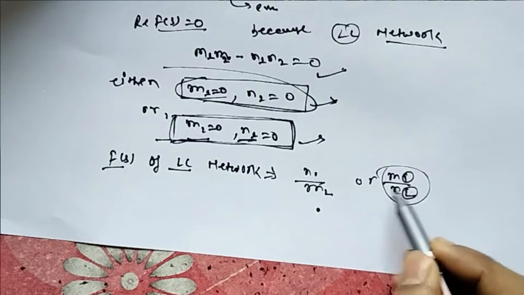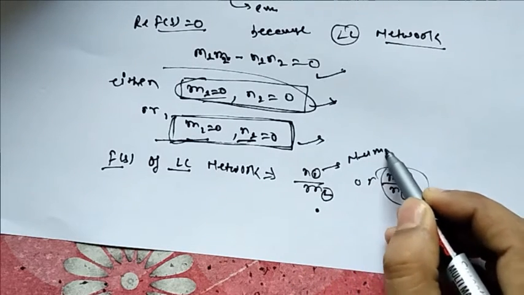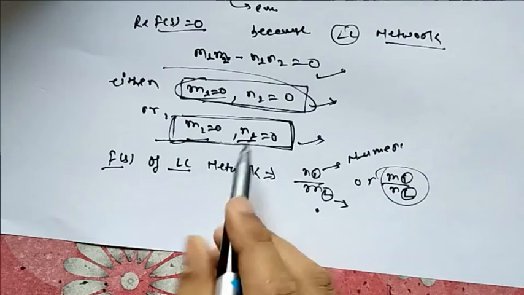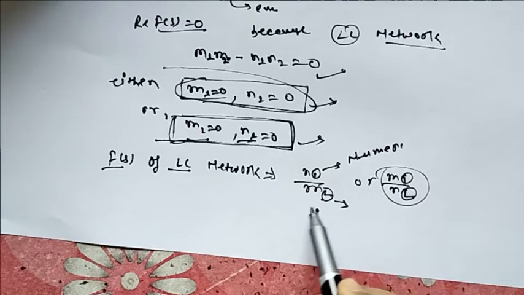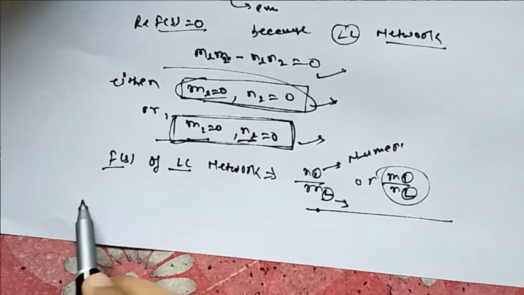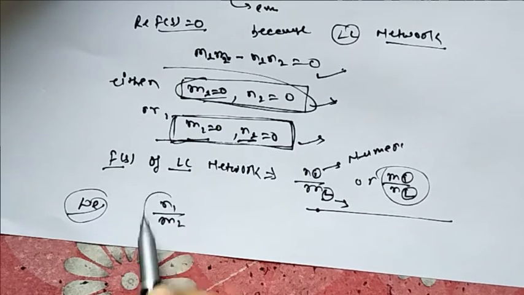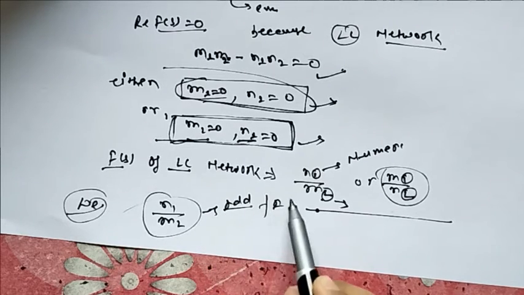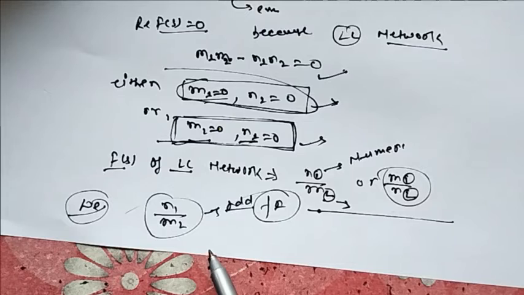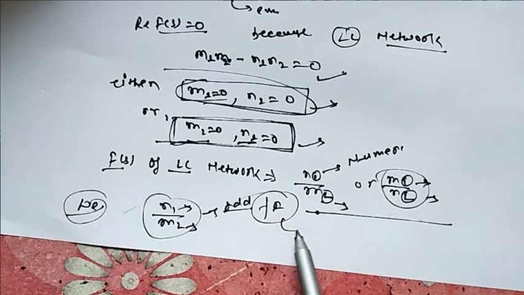This subscript tells about the numerator and denominator. That's why we have taken n1 by m2 and m1 by n2. So we came to the conclusion that we must have n1 by m2, and this will be your odd function. So from here we got to know that it will be of the form odd by even or even by odd, meaning the total function will be an odd function.